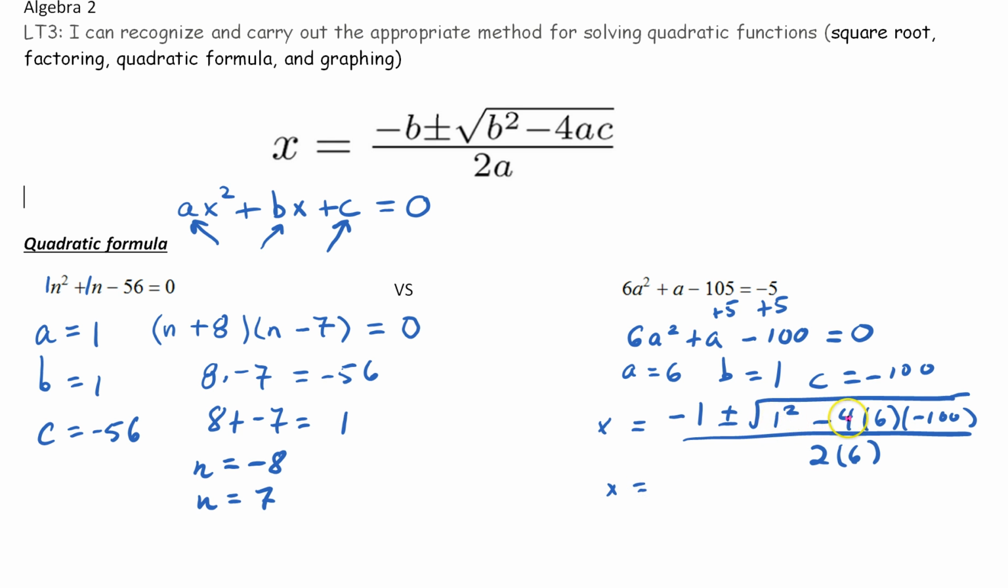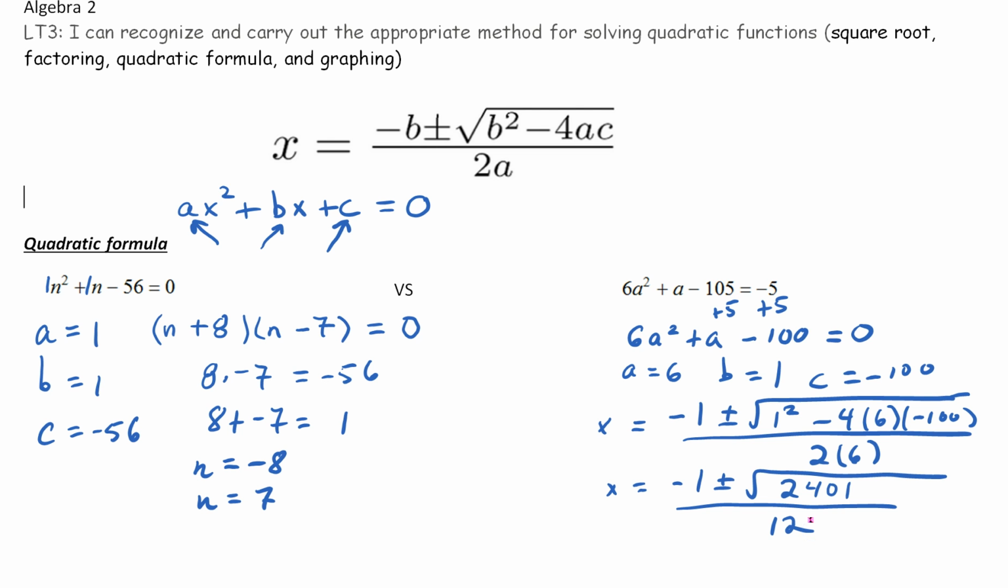So I'm going to do the calculation for this big number underneath my square root, and that would give me the square root of 2,401 all over 12.